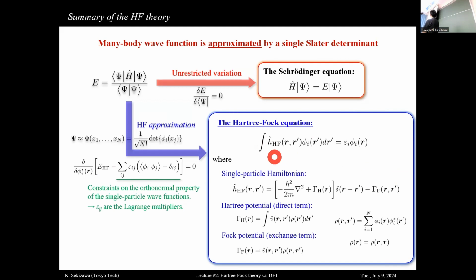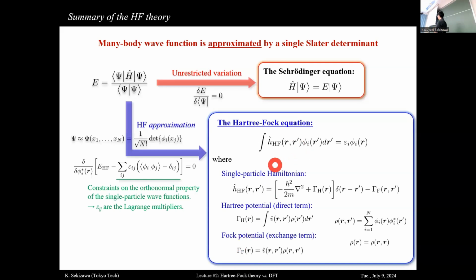So this is the Hartree-Fock equation. Small h Hartree-Fock represents the so-called single particle Hamiltonian here, which is in general non-local. It contains the kinetic term, the direct Hartree potential, which is local in space, and also the Fock potential, which is non-local. Those are the representations of the Hartree and Fock potentials.